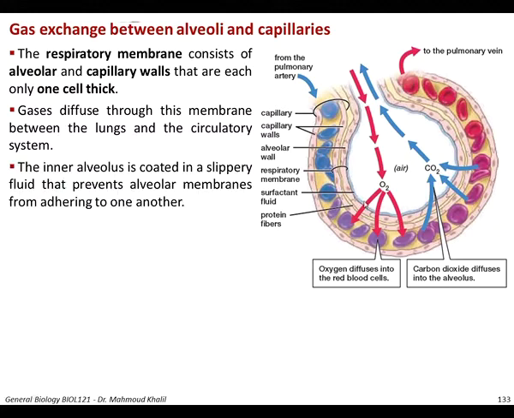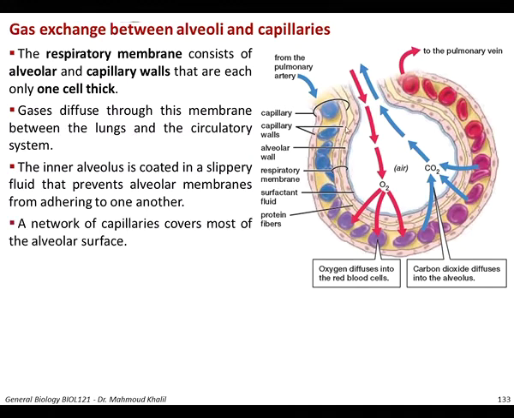The inner alveolar membrane, you can see that it is coated. This coating is actually a surfactant fluid. And as we said, this provides the moist surface for the gas exchange. It also has an important function: it prevents the collapse and the adhering of the alveolar membranes to each other.